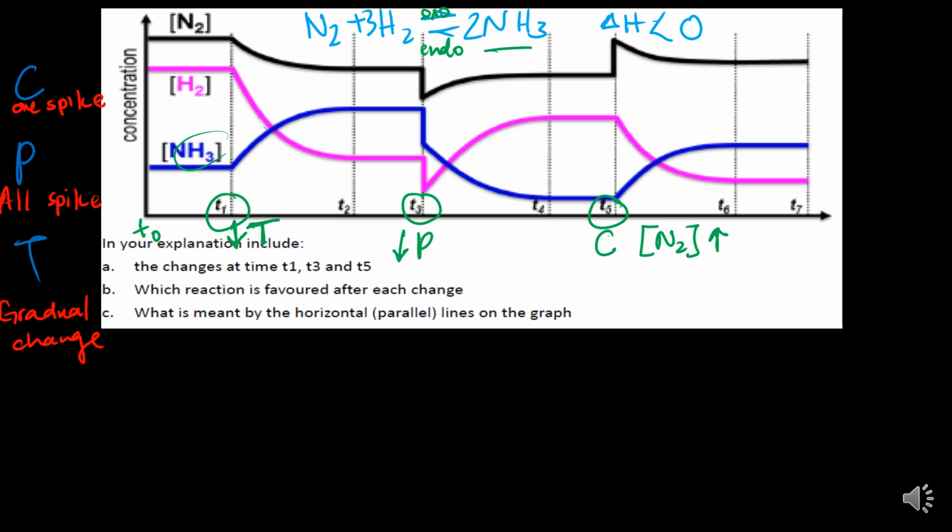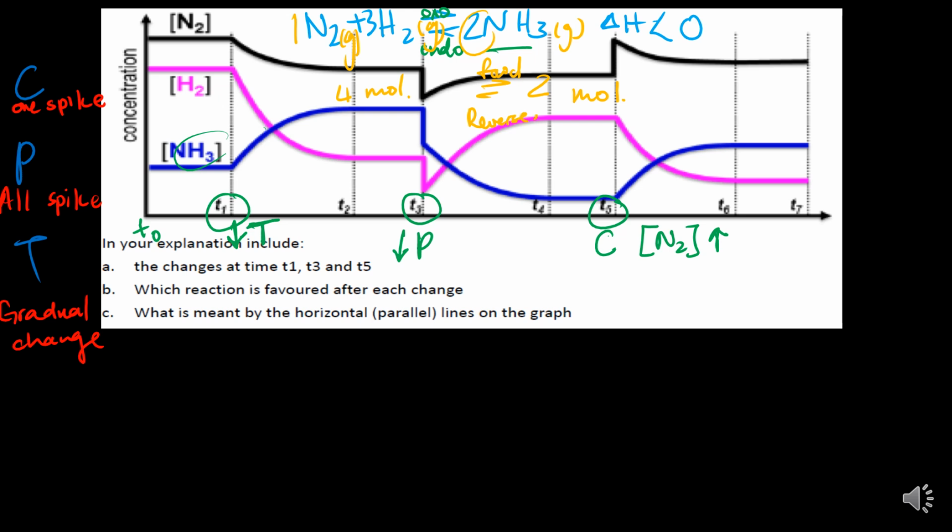All of these are gases, right? So how many gaseous moles do you have there? You have 1 and 3, so there is 4 in total, while on the product side you only have 2, right? So the reaction that produces the least number of gaseous moles is the forward reaction, while the reaction that produces the most number of gaseous moles is the reverse reaction, right?